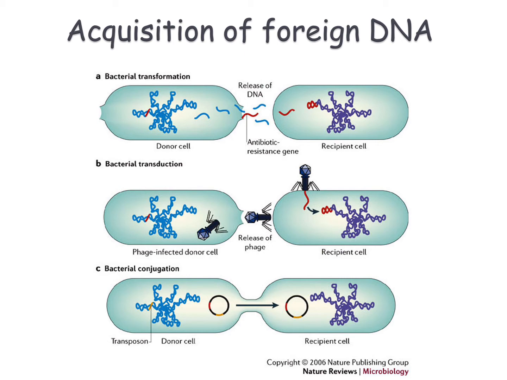The third mechanism is conjugation, and that's the direct transfer of DNA from one cell into another. So they actually form a pilus, the structure between the two cells that can be used to push the DNA out of one cell and into the other.